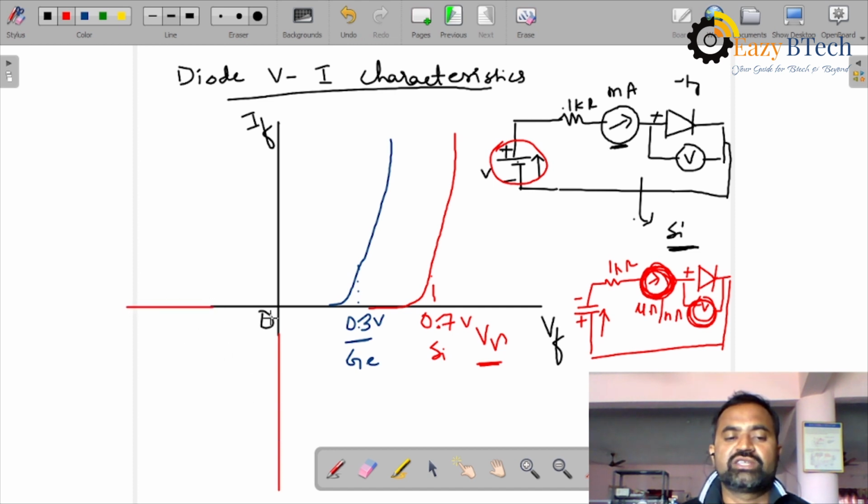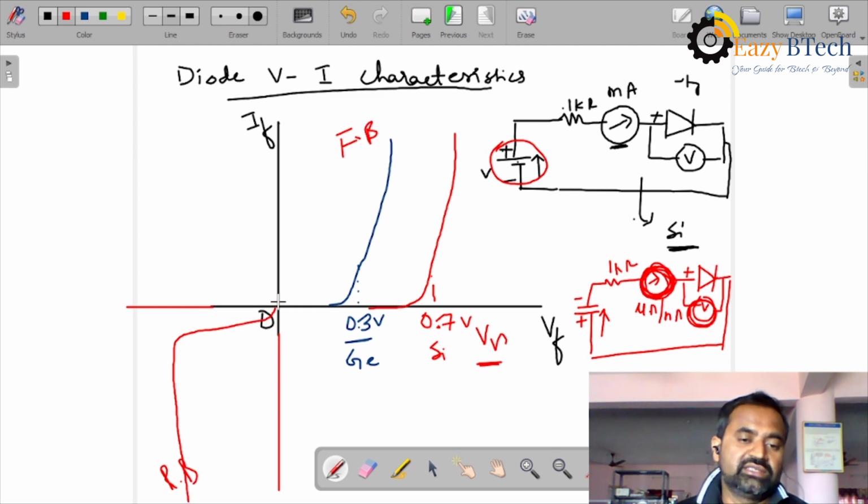This red region is known as reverse bias. This is forward bias. This region is known as reverse bias region. Here you may see somewhat linear. You may see like this graph.